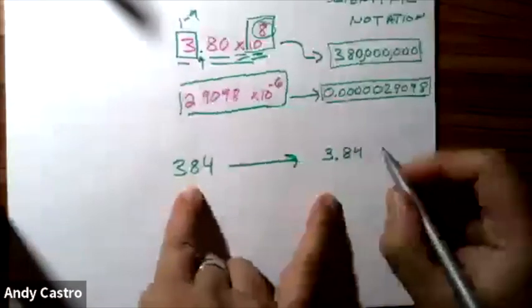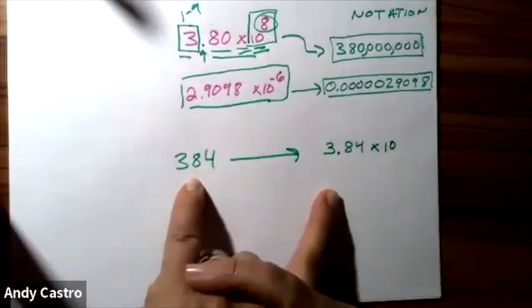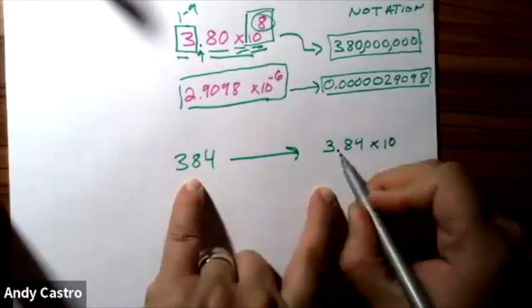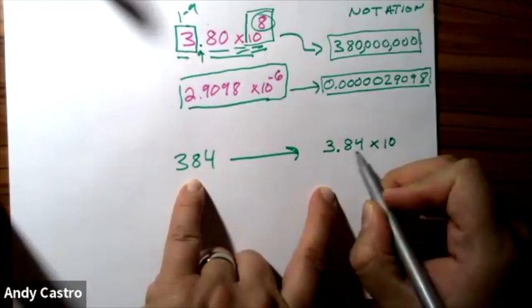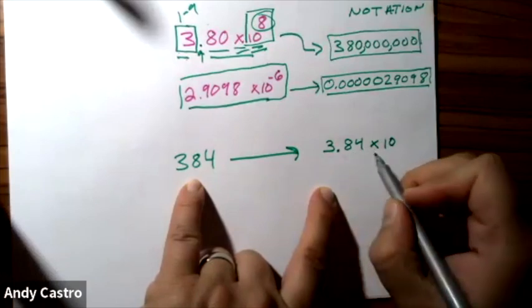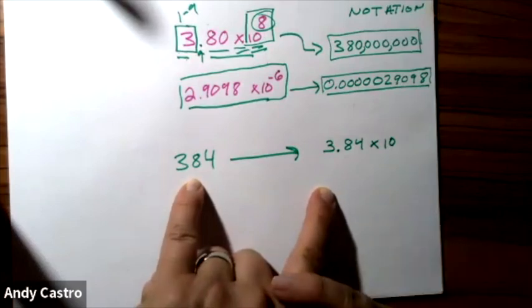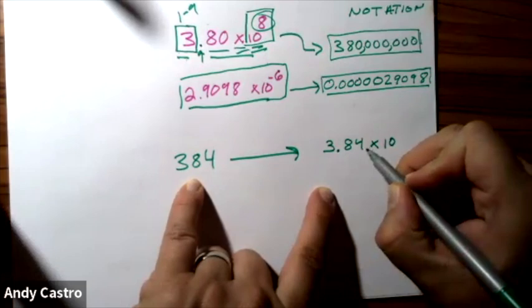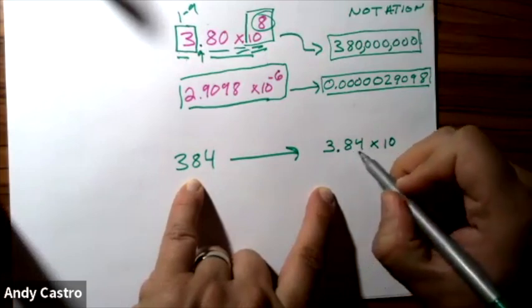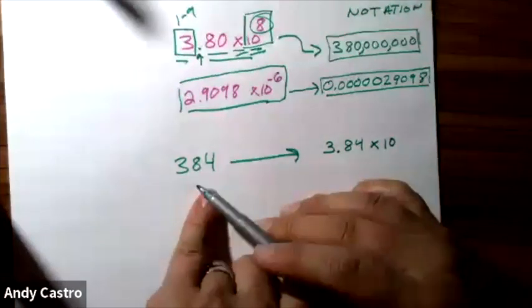So I multiply this by 10, but if I just multiply it by 10, 3.84 just becomes 38.4. I have to multiply this by 100 in order to move this decimal point over 2. 3.84 times 100 is 384.